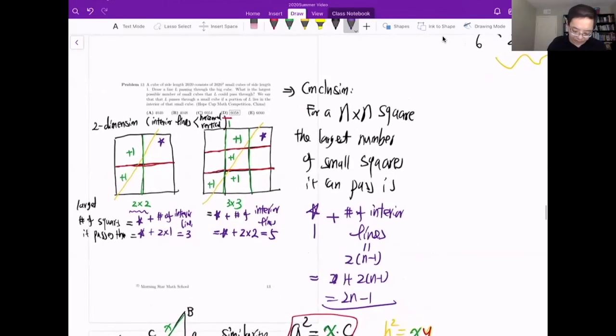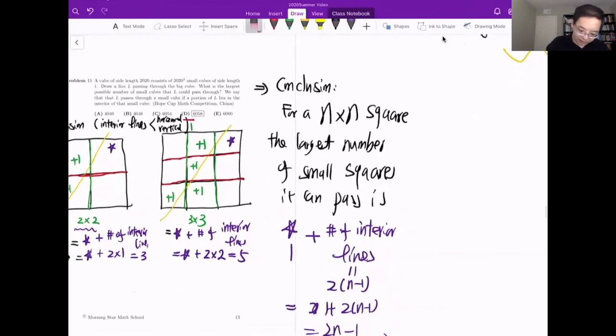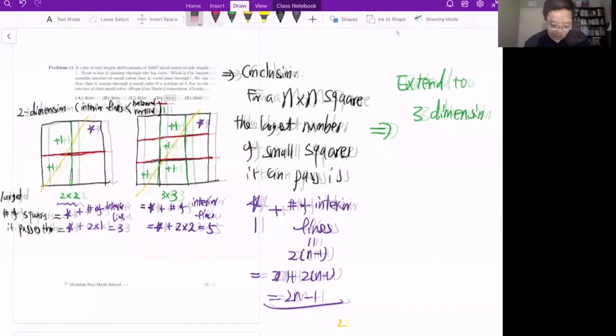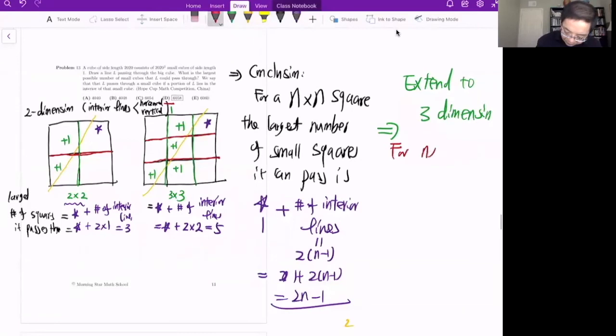So from here, my point is, if we extend this to higher dimension, say to 3 dimensions, we have an n times n times n cube.